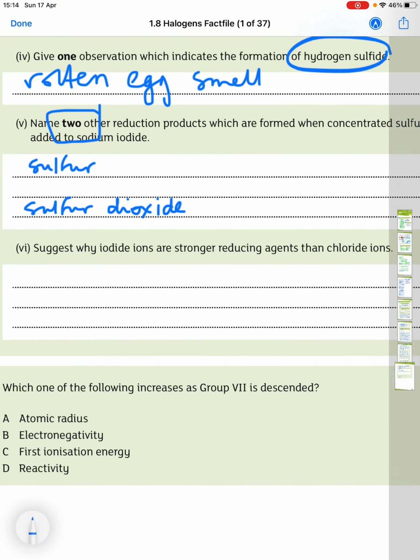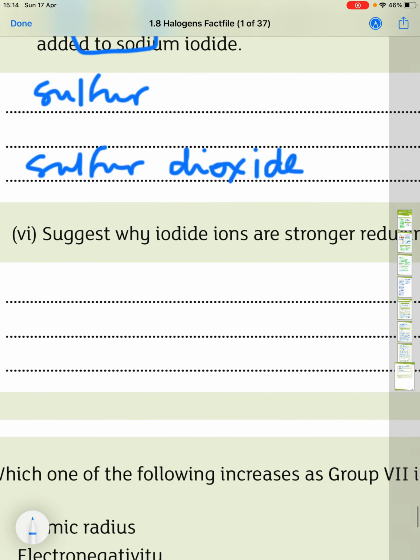And it says, suggest why iodide ions are stronger reducing agents than chloride ions. So if they're reducing agents, they cause other things to react. So the outer electrons in the iodide are further from the nucleus, and they're more shielded. That's the first thing we're going to say.